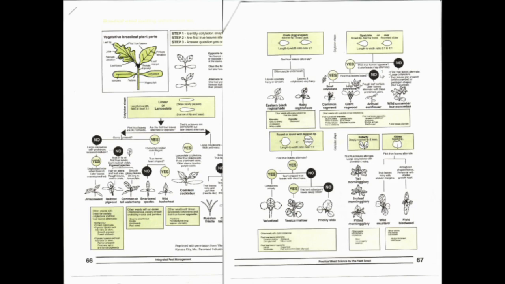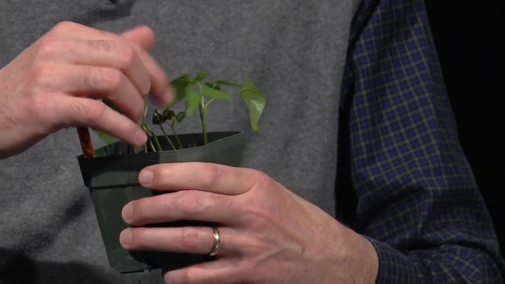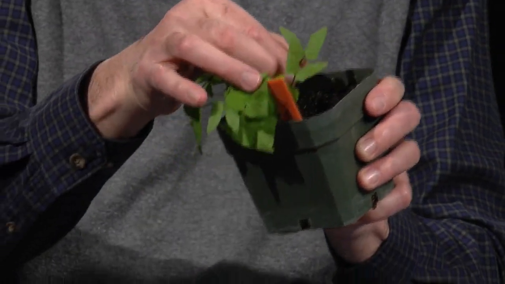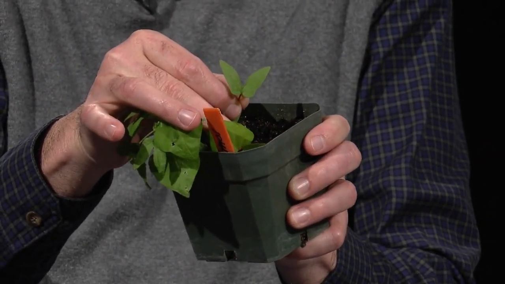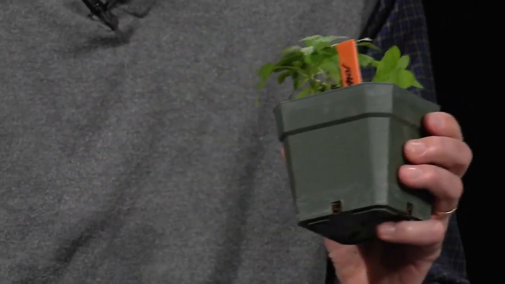As we go down to the next slide, it's going to be tall morning glory, ivy leaf morning glory, or pitted morning glory. This one is pretty easy because of the shape of the cotyledon of pitted morning glory. That one was pretty easy.